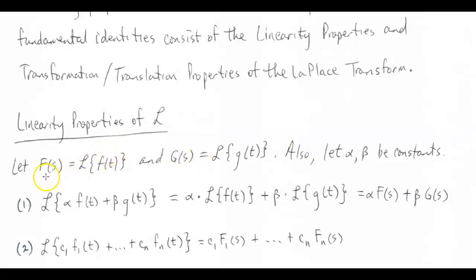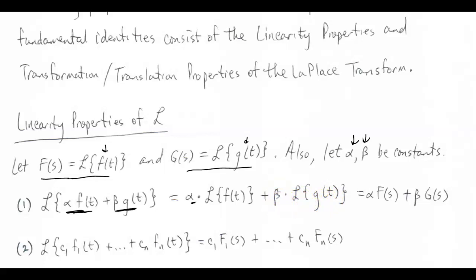If we have, let's say, a Laplace transform of two functions here, and we say that we have two real number constants, alpha and beta, then what we're saying is if I take the sum of a constant multiple of both of these functions, f of t and g of t, then I can show that what that ends up being is really just the Laplace transform of the original function times that constant multiple plus the Laplace transform of the other function times that constant multiple.